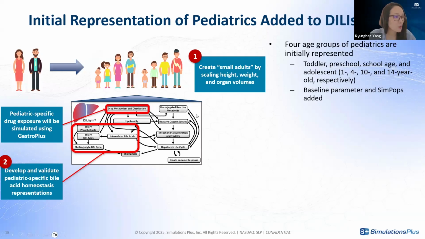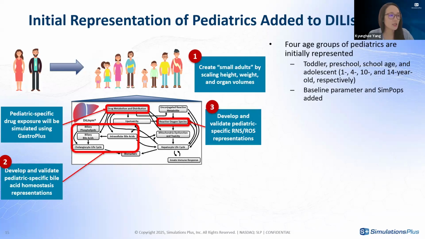Within our model, we have multiple different toxicity pathways. So we started with the bile acid model, basically looking for the data for pediatric specific bile acid profiles, and the ontogeny of enzymes and transporters related to bile acid disposition, so that we have a pediatric specific representation of bile acid homeostasis.